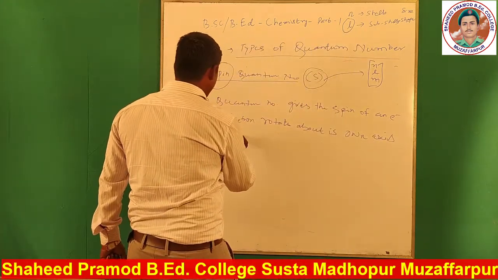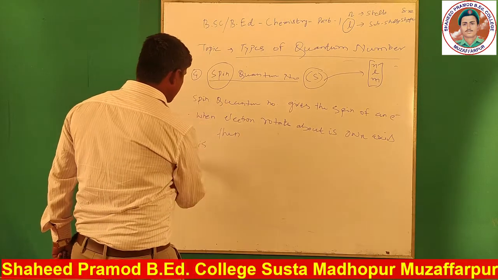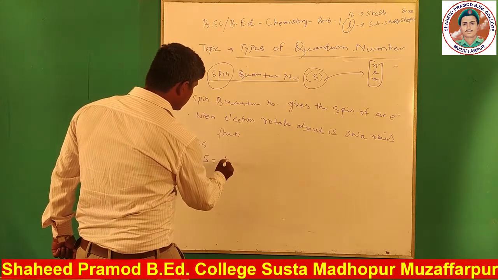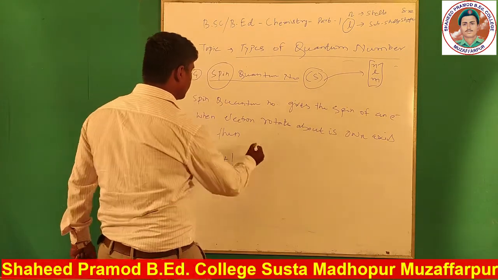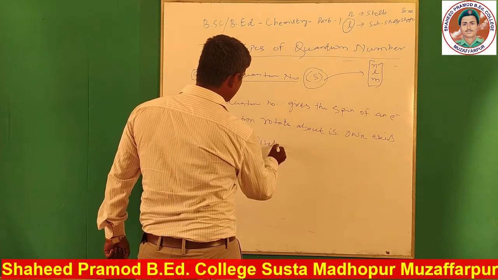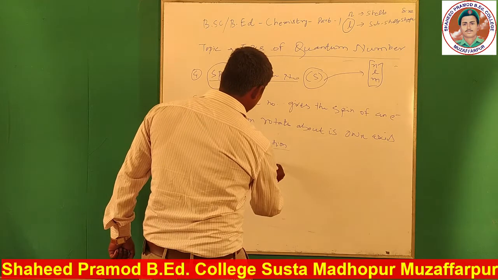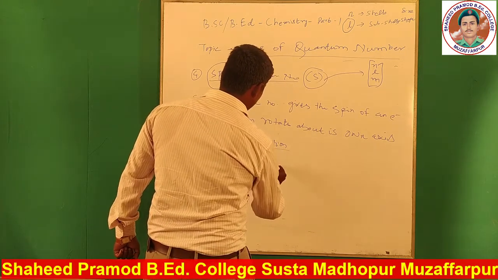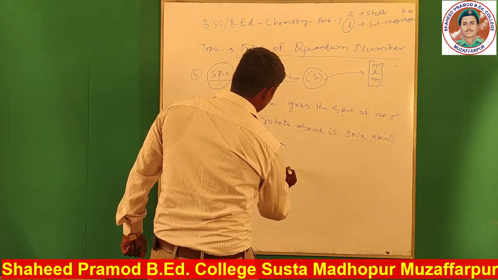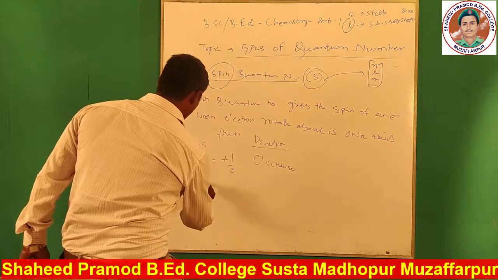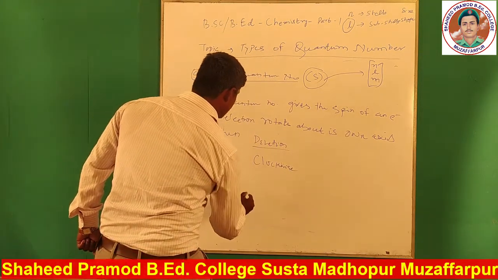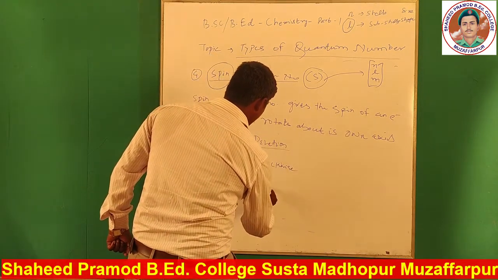Then if s is equal to plus 1 by 2, then the direction of electron about its own axis will be clockwise. If s is equal to minus half, then this will be anti-clockwise.